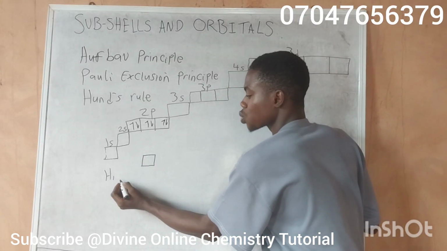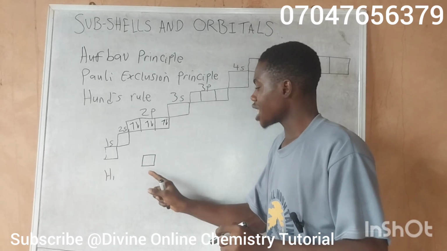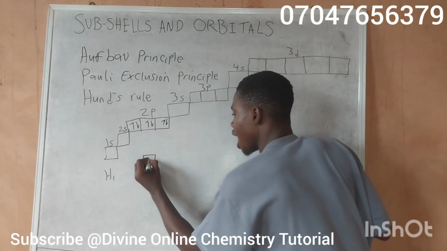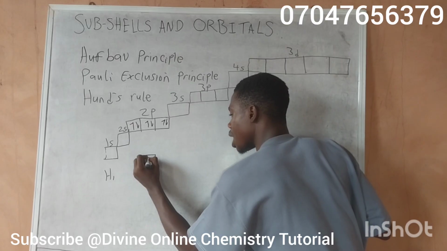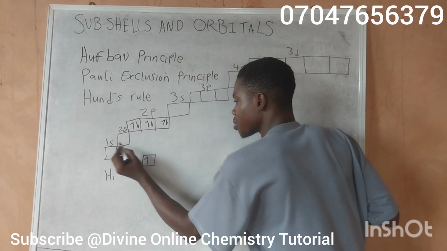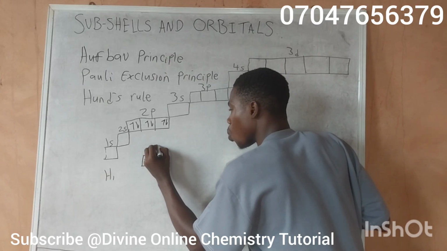Now hydrogen has 1 electron, because it is the first element in the periodic table. So you start with the arrow. Arrows are usually used to represent electrons in orbitals. Then up here you write 1s, then 1s1.